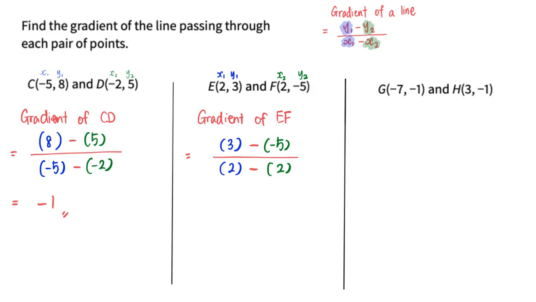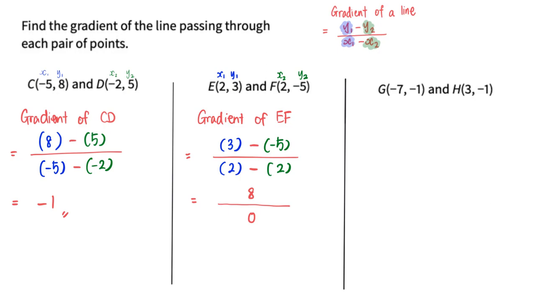And in this case here, because the value of the denominator, if you notice, 2 minus 2 will be equal to 0. On top is 8.